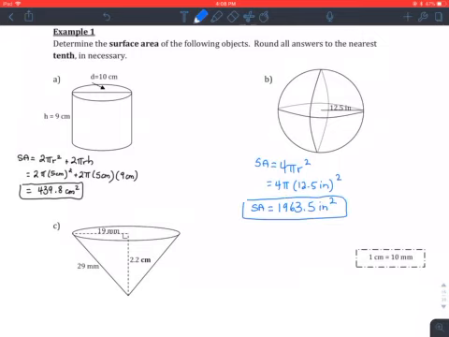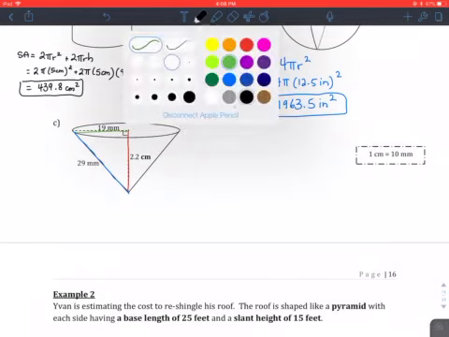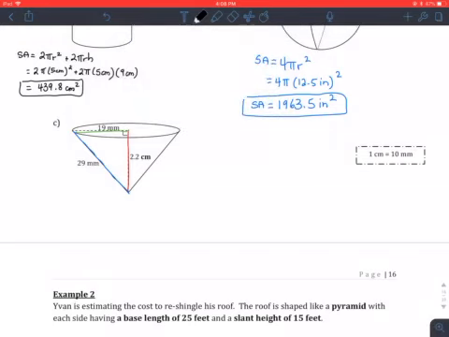All right, part C, let's look at a cone. I do have the slant height as 29, the height of the cone as 2.2, and the radius as 19. My formula for the surface area of a cone: surface area is equal to pi r s.